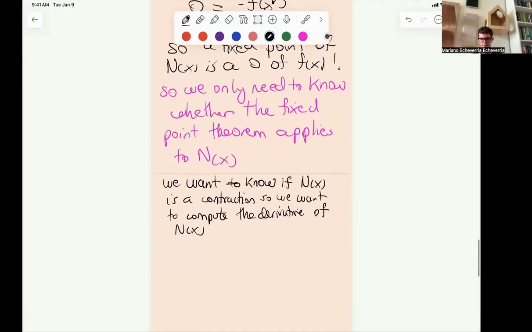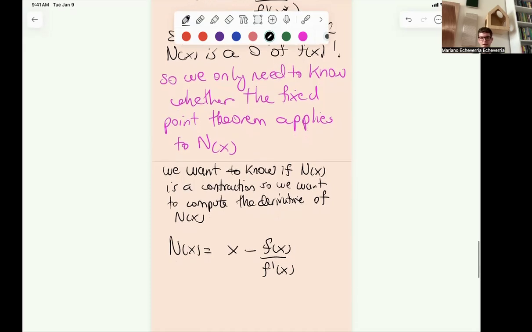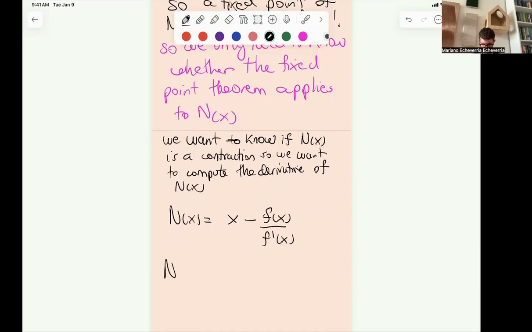But what is the derivative of the function? So n of x is x minus f of x divided by f prime of x, right? So what is the derivative of this function?